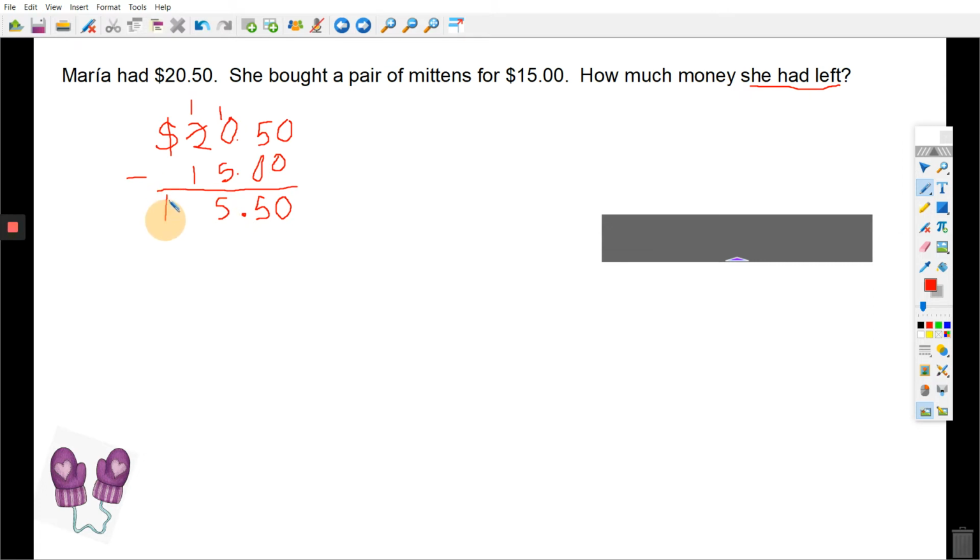In this case, we do not need to write a 0 because we already have a digit in the dollar part of my number. Bring down the dollar sign. So her change, or what she had left, is $5.50. Maria had $5.50 left. Remember that the question helped us a lot to write the complete sentence to answer it.